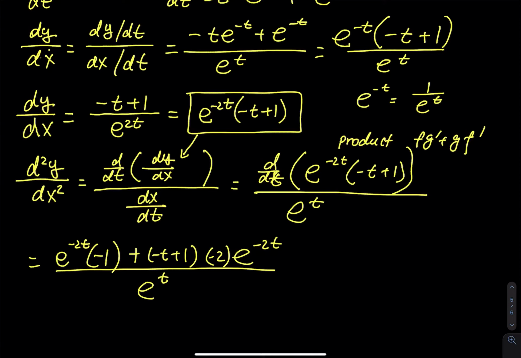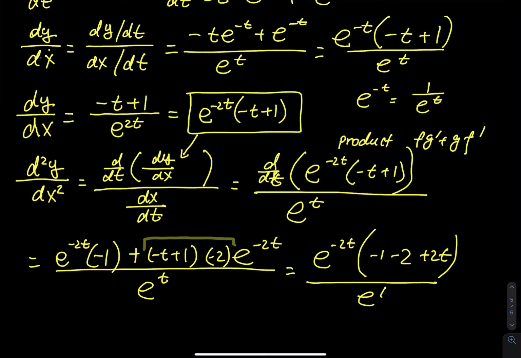So this one, I am going to factor out e to the negative 2t. So inside the parenthesis, I have a -1. And then I am looking at this piece. So that will be a -1 minus 2, and then plus 2t, and then divided by e to the t, and then keep working.